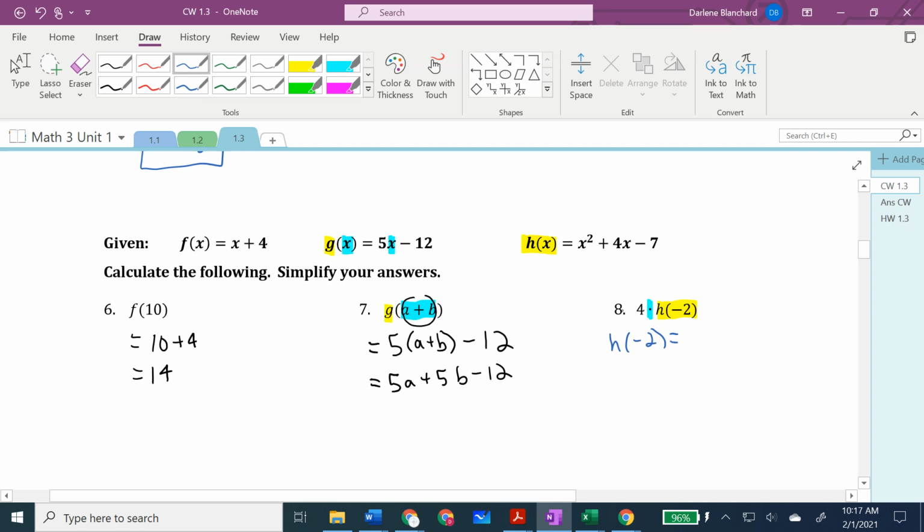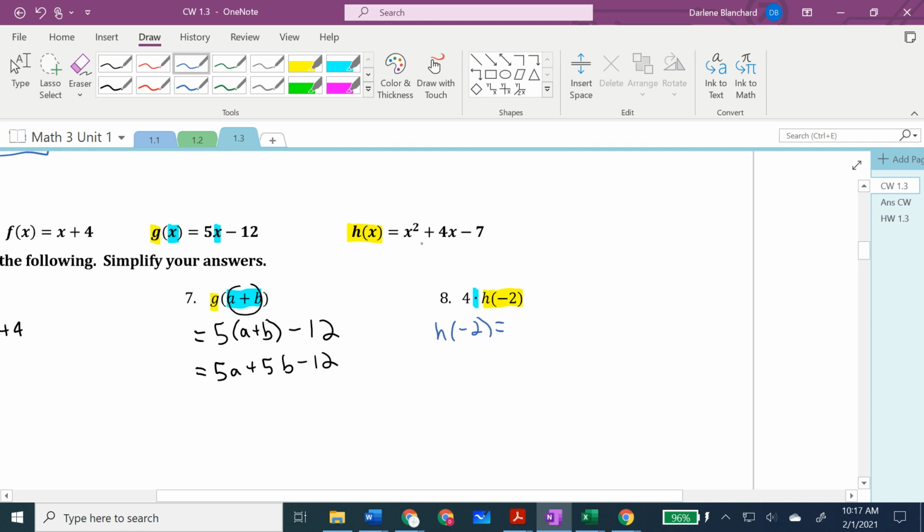H of negative 2 is whatever my x input is, I will square it, then I will add 4 times that input, and then I will subtract 7. So I'm just taking that number, substituting it in to each x. When there's a parentheses around a negative number and it's squared, you are doing that entire negative number multiplied twice, which means 2 negatives are multiplying and you get a positive 4.